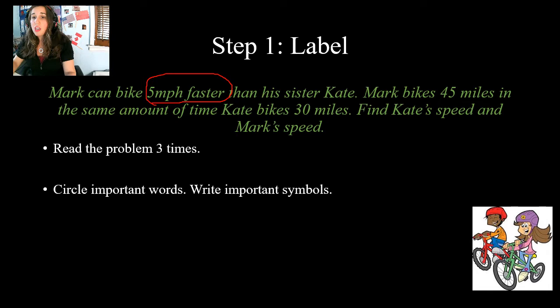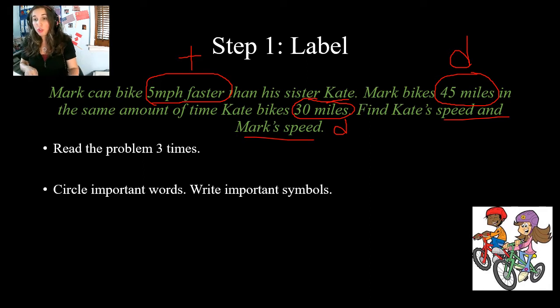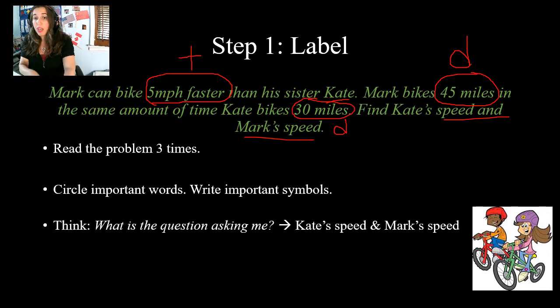So to me, that means I'm going to be adding 5 miles per hour, okay, to his speed than his sister Kate. Mark bikes 45 miles. There's my distance, so I'm going to put a little d over it, in the same amount of time that Kate bikes 30 miles. Again, put a little d there. Find Kate's speed and Mark's speed. So that's what I'm looking for, right? So my variable is going to come into play with that.